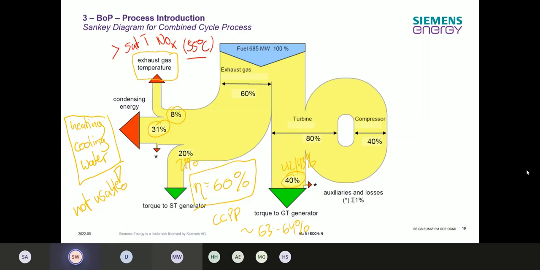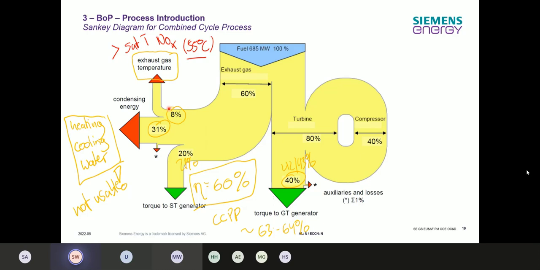Second point is that sometimes you have government regulations, so that they're saying you are only allowed to go to 80 degrees or whatever. That's what you are allowed to. And this is, of course, also the second big part where you have losses in the overall diagram, so in the Sankey diagram.